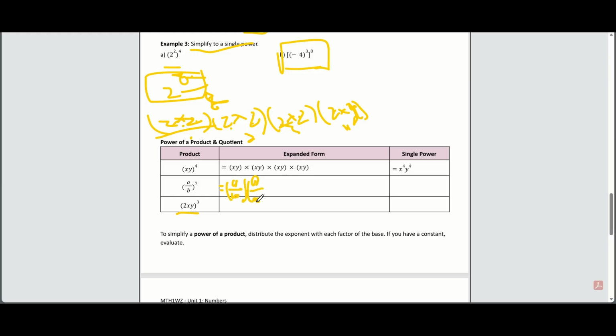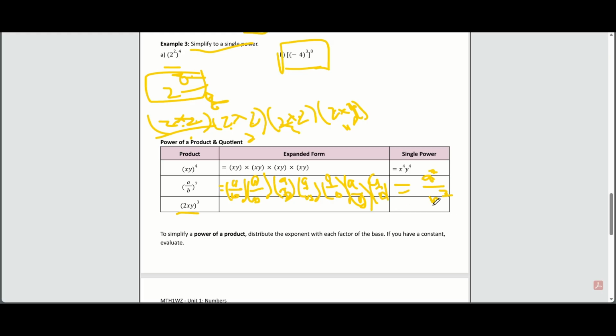A over B, A over B, and that basically just comes out to A to the power of 7 over B to the power of 7.